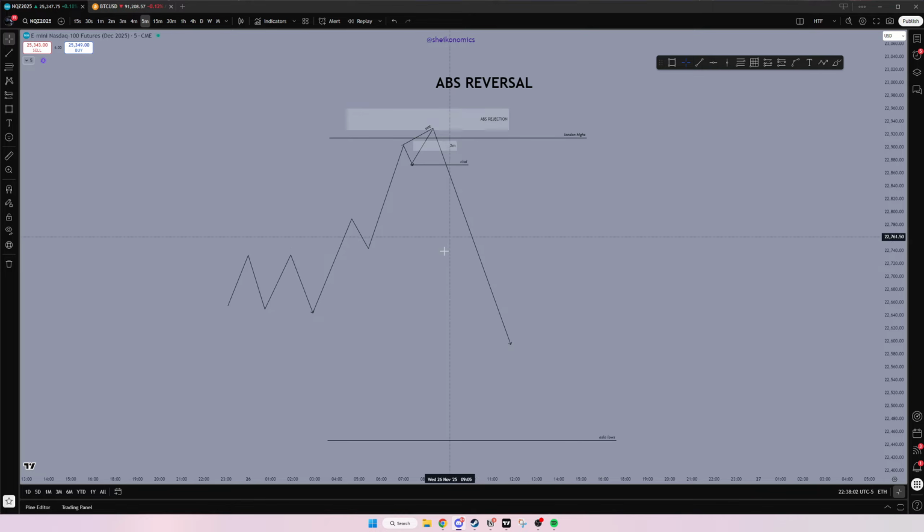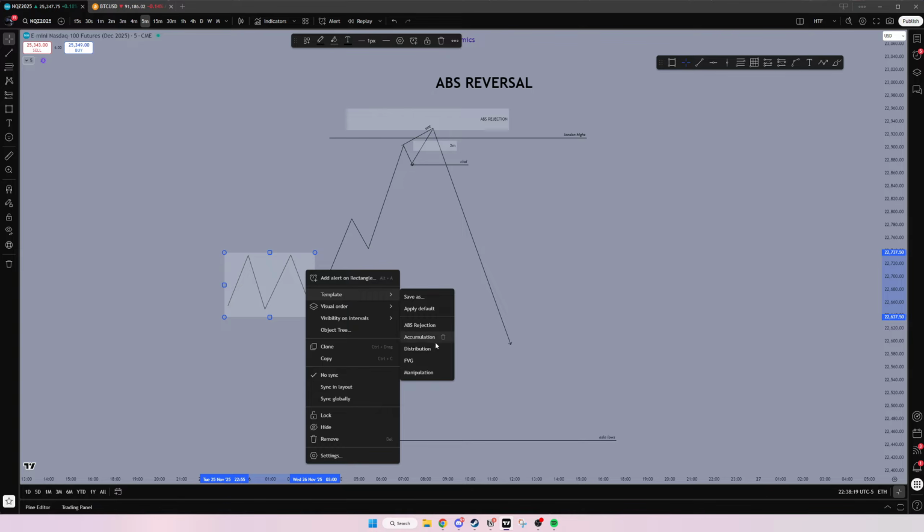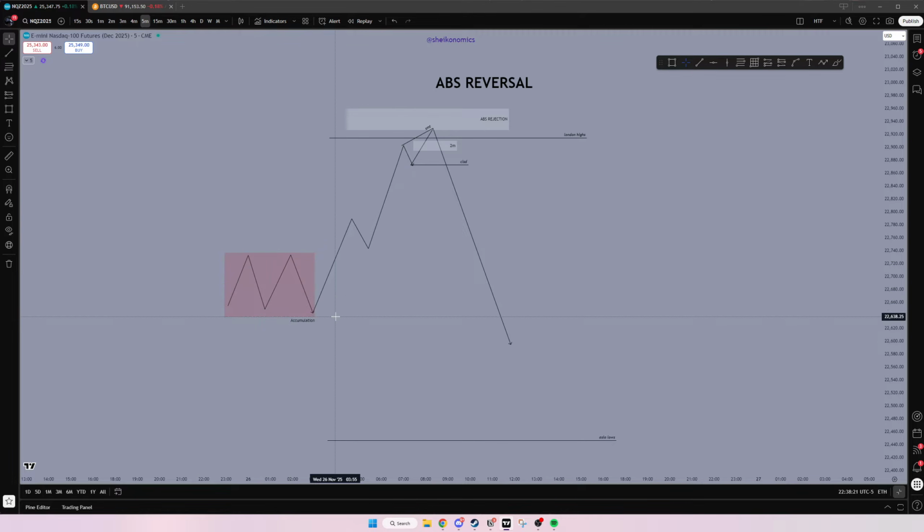Now, there's a few other possibilities you can do inside ABS reversal. The easiest one, and probably one of the best ABS trades you can get, is when this is aligned with a PO3. So if you consider this right here as an accumulation zone, and this is pretty common, before a key opening.